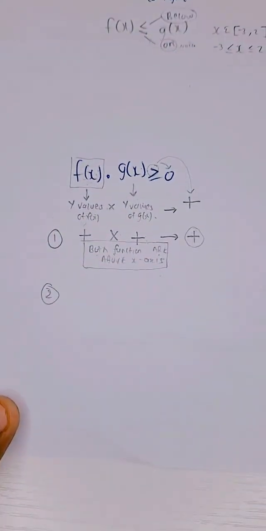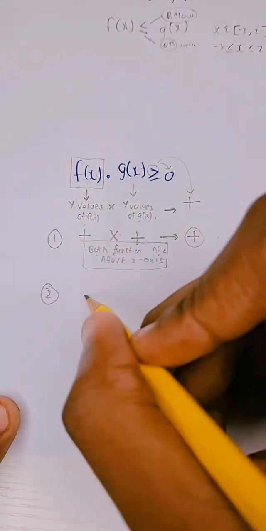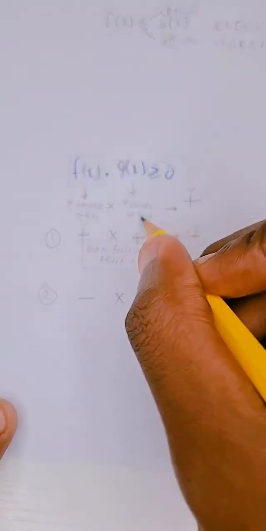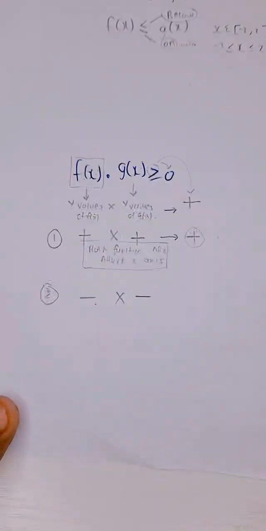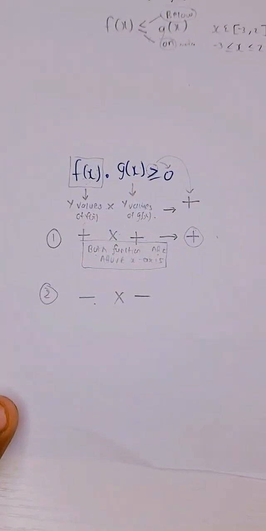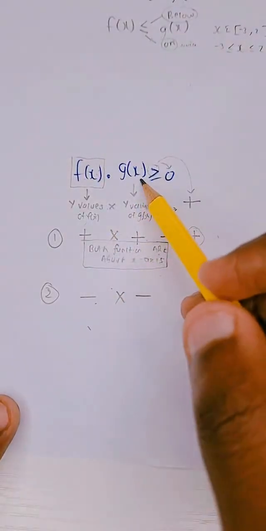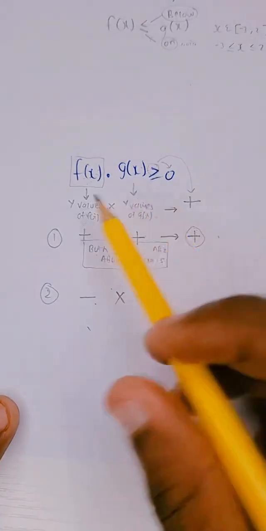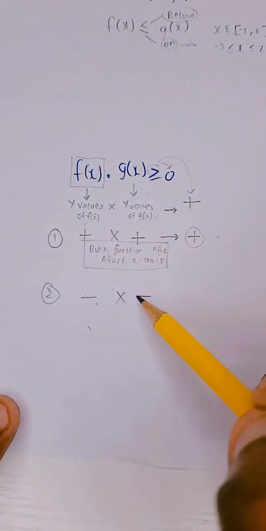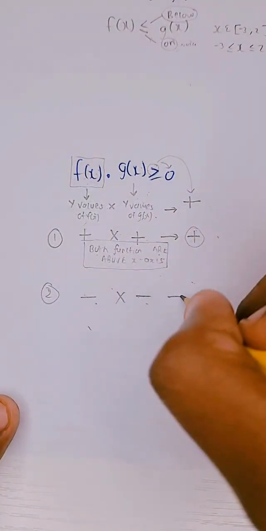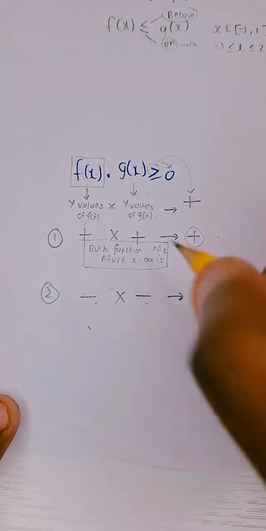2. It's not only a positive and a positive that gives me a positive. What else gives me a positive? It's a negative y value times another negative y value. That's what gives me a positive. A negative y value of f and a negative y value of g give me an outcome that is positive.